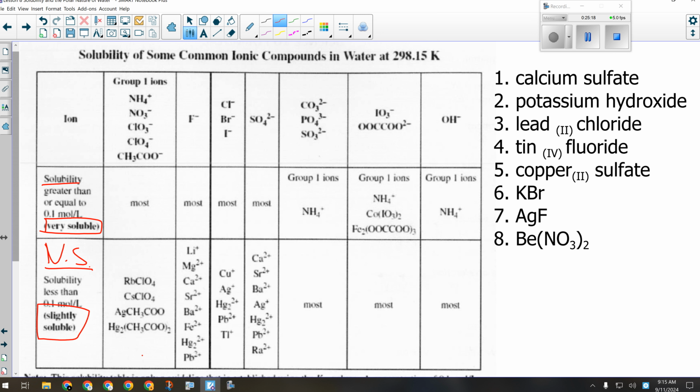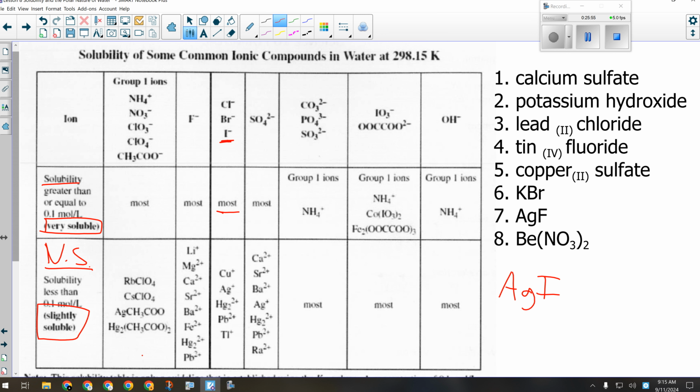Let's say I've got this compound, silver iodide. I want to determine whether it is soluble or not. So I go to the first row and I find iodine. It's right here. Now it says that iodine is soluble with most things, which is the least helpful thing you could possibly have in this chart.